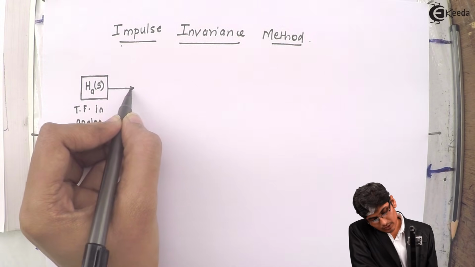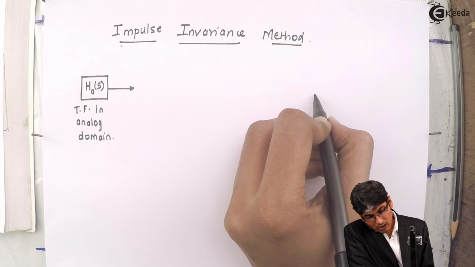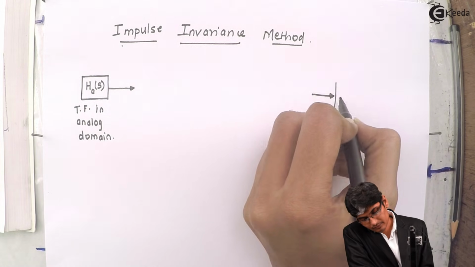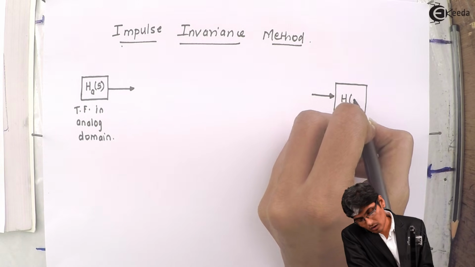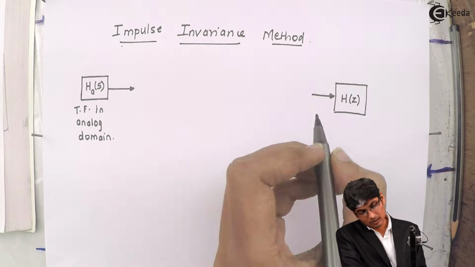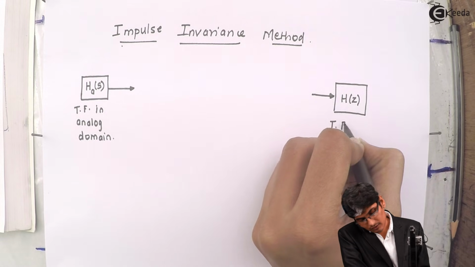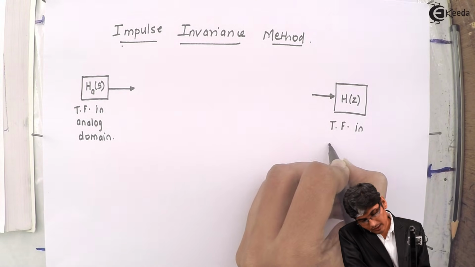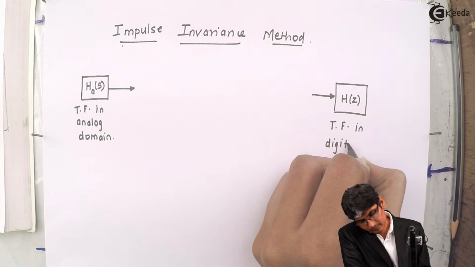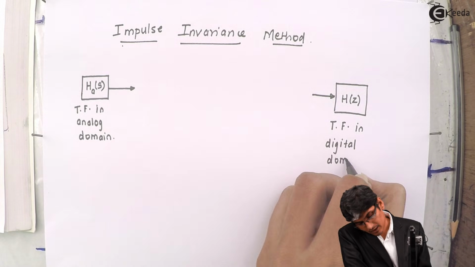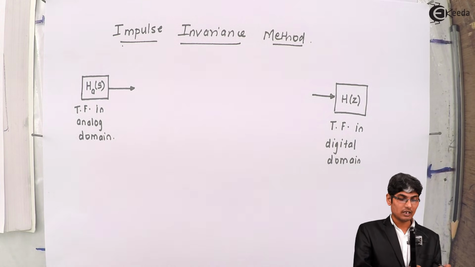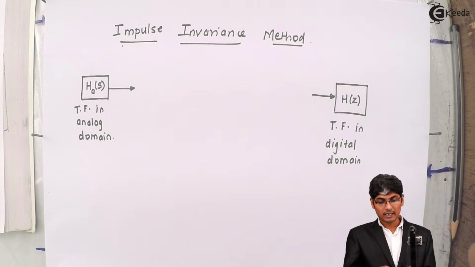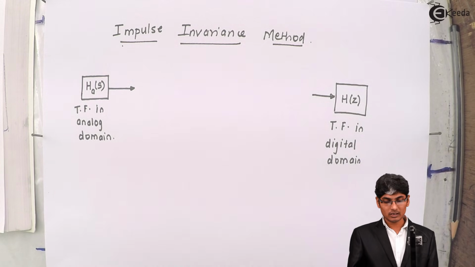We'll be giving this as input, and the ultimate output will be H of Z, which is the transfer function in digital domain, right? So I will have a transfer function in analog domain as an input, and I will have a transfer function in digital domain as the output.